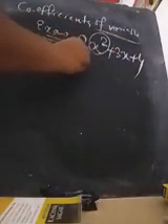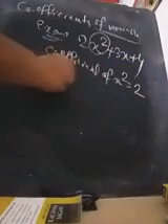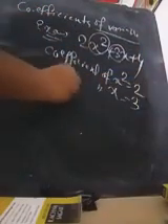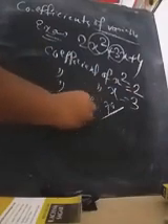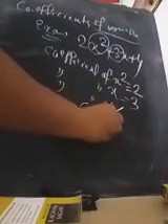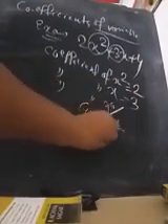The coefficient of x square is 2. The coefficient of x is 3. The coefficient of x to the power 0, or the constant term, is equal to 4. Simply. Okay.